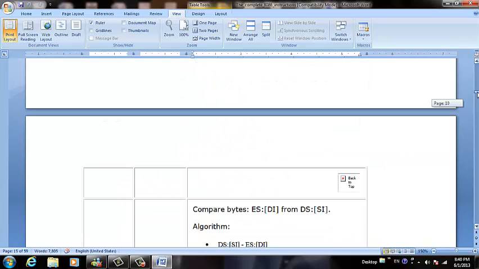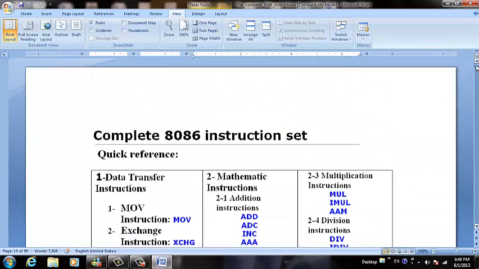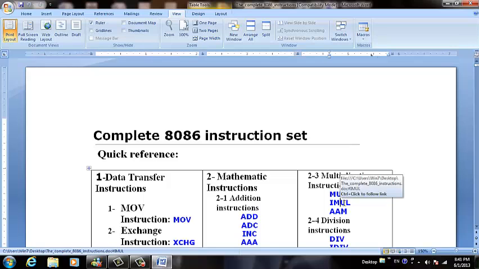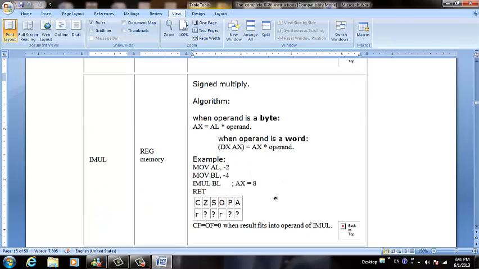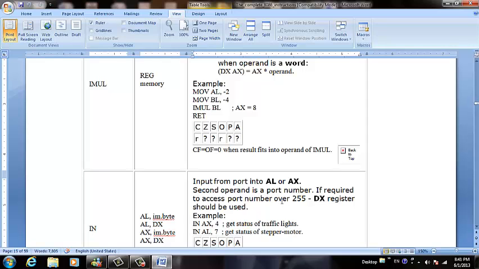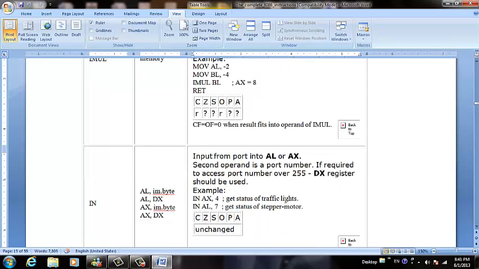Again, if the multiplication is with AX rather than AL, the result will be stored in DX and AX. IMUL, as we said here, it seems that they don't have, okay, here they are showing, no, they don't have AX.